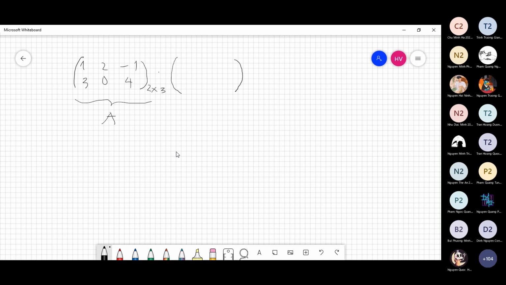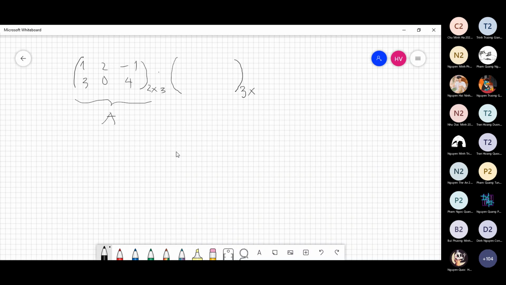So actually, if you want a matrix that can be multiplied with A in this order, then the number of rows should be 3 here. And the number of columns, whatever, but the number of rows should be the same as the number of columns here, so that it can be multiplied.